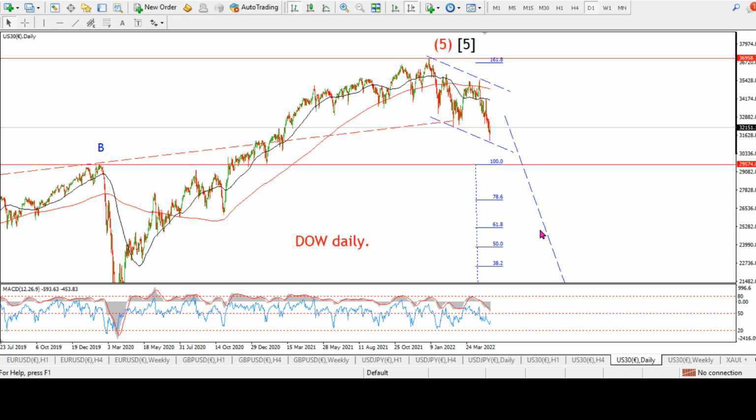Granted, we only have 3 waves down in place just yet, but even though you hear talk of recession, there's no talk of market crash. People are still quite complacent.